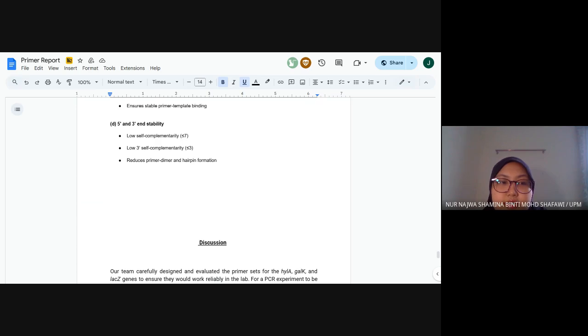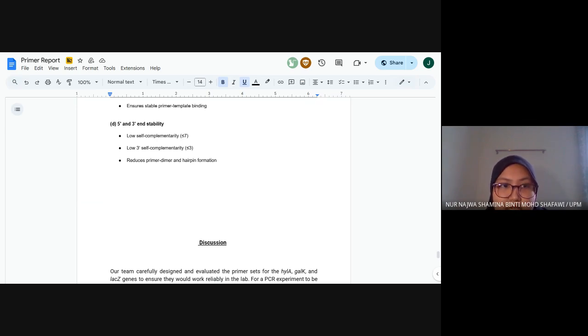Next, 3' self-complementarity. This is even lower at lower or equal to 3, which significantly reduces the formation of primer dimers or hairpins. These low values ensure that the primers are available to bind to the template rather than each other. So this is quite an important factor.